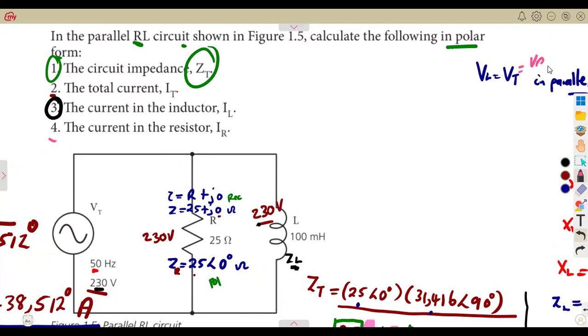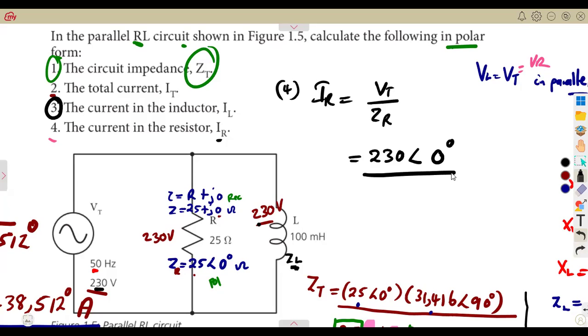So we can calculate the current across the resistor: the total voltage divided by the impedance across the resistor. The total voltage is 230 at an angle of 0 degrees. And what about the impedance of the resistor? In polar form, that gave us 25 at an angle of 0 degrees.